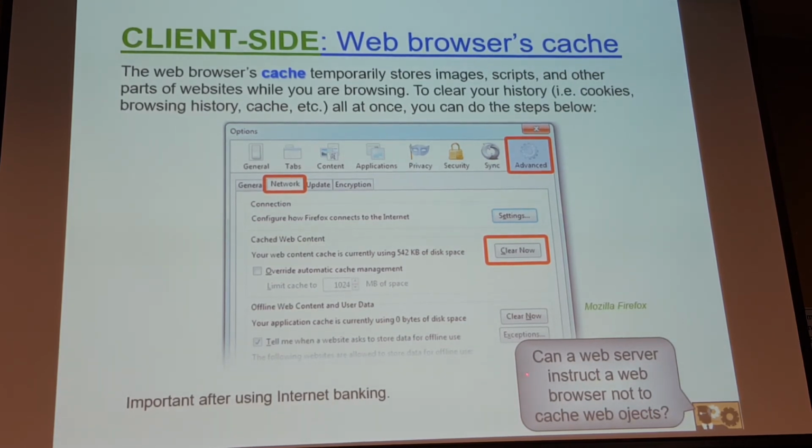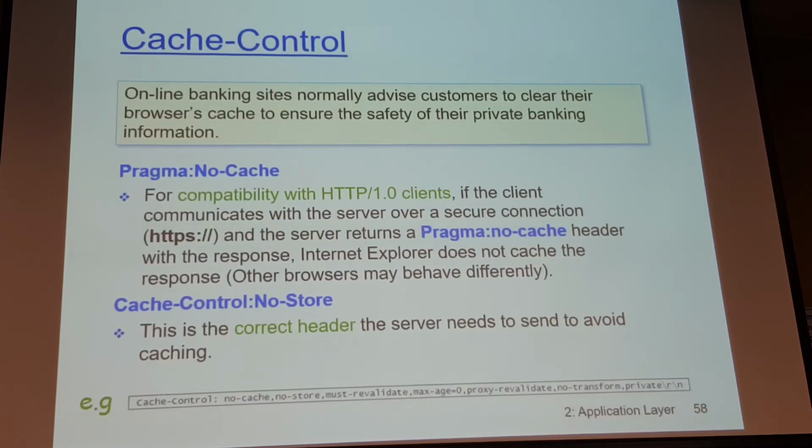And you might be wondering, can a web server instruct a web browser not to cache the web objects? If, for instance, you're accessing your bank accounts through ANZ, ANZ's web server will actually instruct your web browser, please do not cache this information because it could be used for future attacks. But of course, it depends on the web browser to follow the instructions.